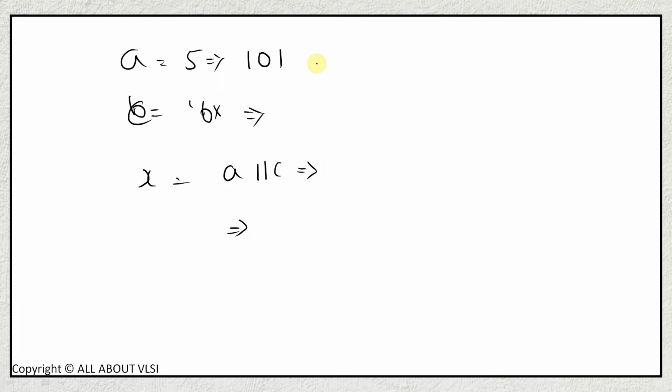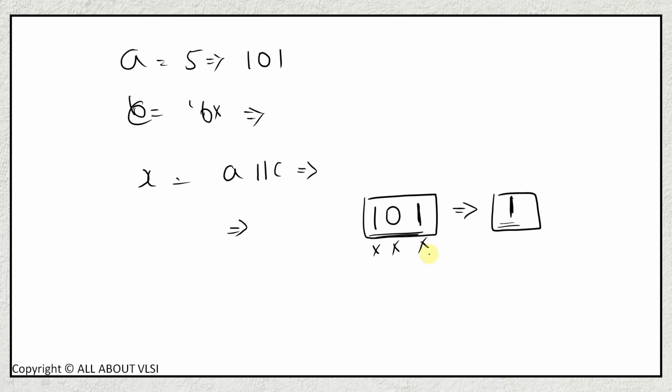Let us analyze. This will be 101. If you perform the OR operation, this particular value is simply considered as logical 1, and this second value is unknown.